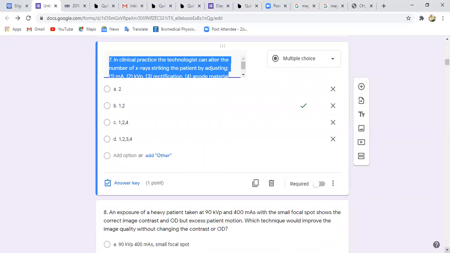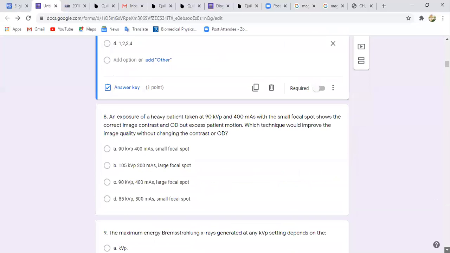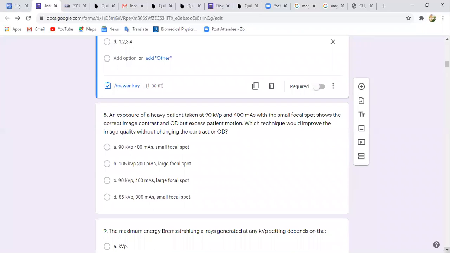B. Then question 8. An exposure of a heavy patient taken at 90 kVp with a small focus shows the correct image contrast and OD, but excess patient motion. Which technique would improve the image quality without changing the contrast or OD? I think this one is a bit similar to what we did before. So which of the options?